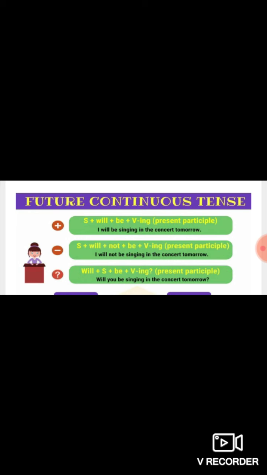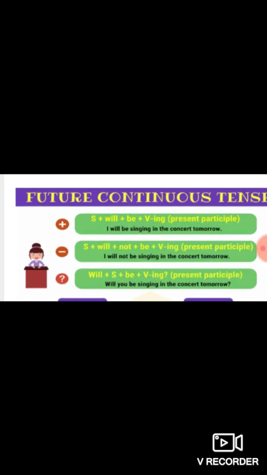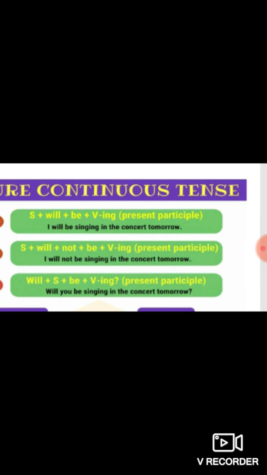Now, in affirmative sentences, the structure is in front of you: subject, thereafter will plus be plus first form of verb plus ing plus object. The example is in front of you.